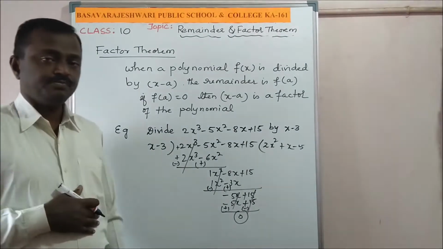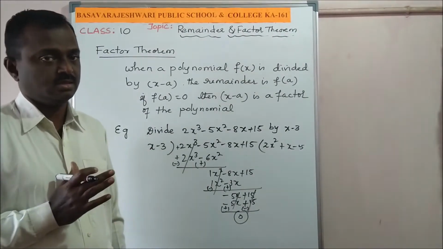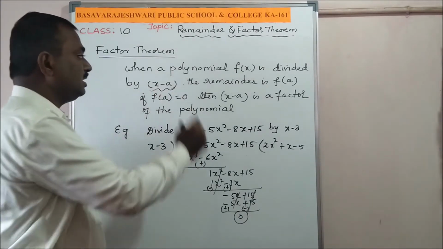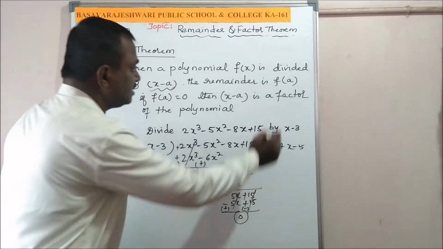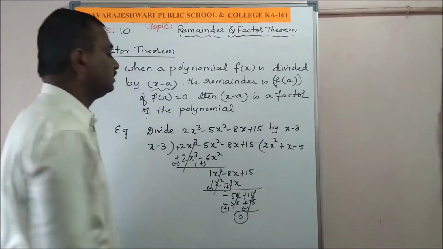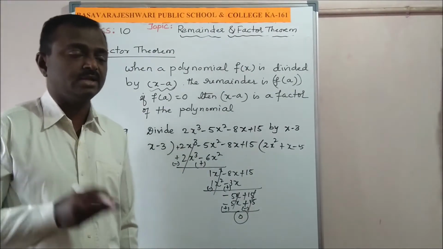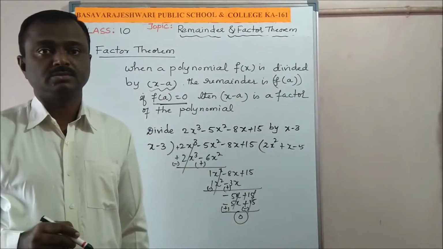Observe the definition. When a polynomial f(x) is divided by some other polynomial x minus a, then the remainder we get is f(a). What remainder will you get? It should be equal to 0.